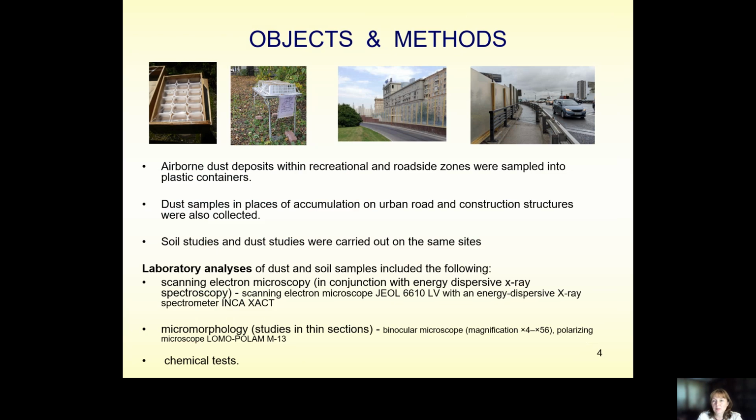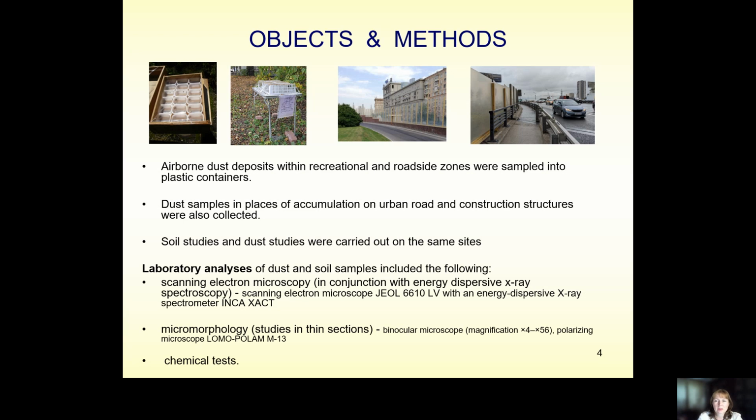The street dust has been studied. Airborne dust deposits were studied within recreational and roadside zones. They were sampled into plastic containers, by direct precipitation. Dust samples in places of accumulation on urban road and construction structures were also collected.